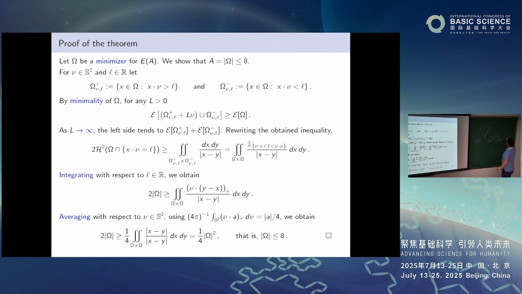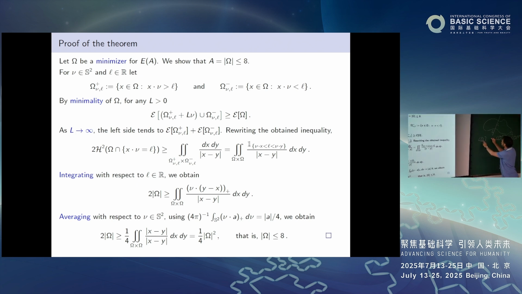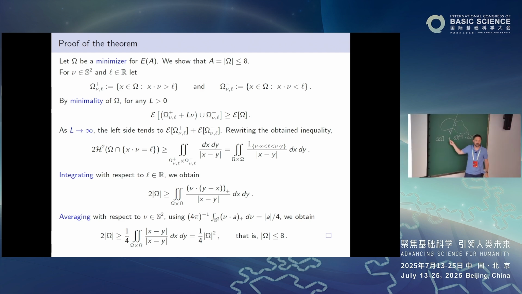What I'm doing is cutting the set into 2 pieces, and then moving the pieces away from each other. Okay, so I have now a trial set that has 2 components very far from each other, and I'm plugging that trial set into the energy. Now, of course, my original set is a minimizer, so this is smaller than that.